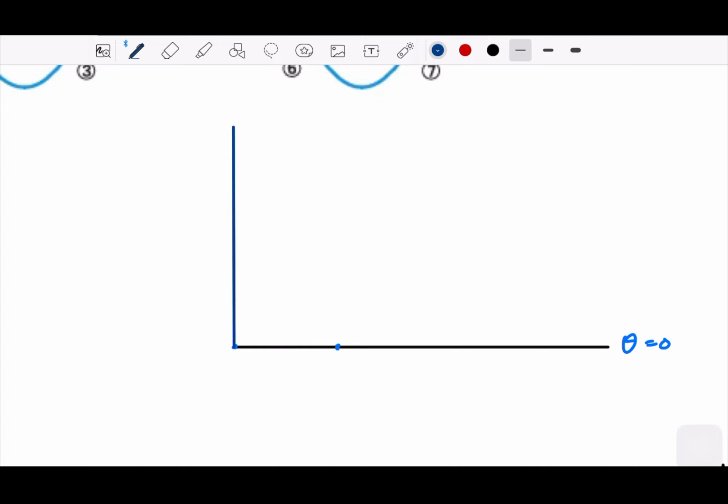Let's say this is pi over 2. Okay, and this is pi over 4. And let's say this is pi over 6.